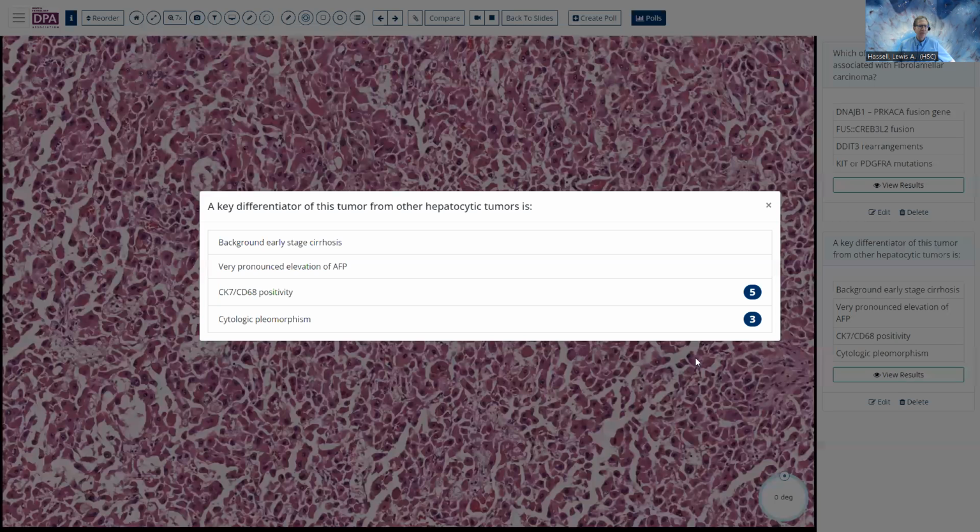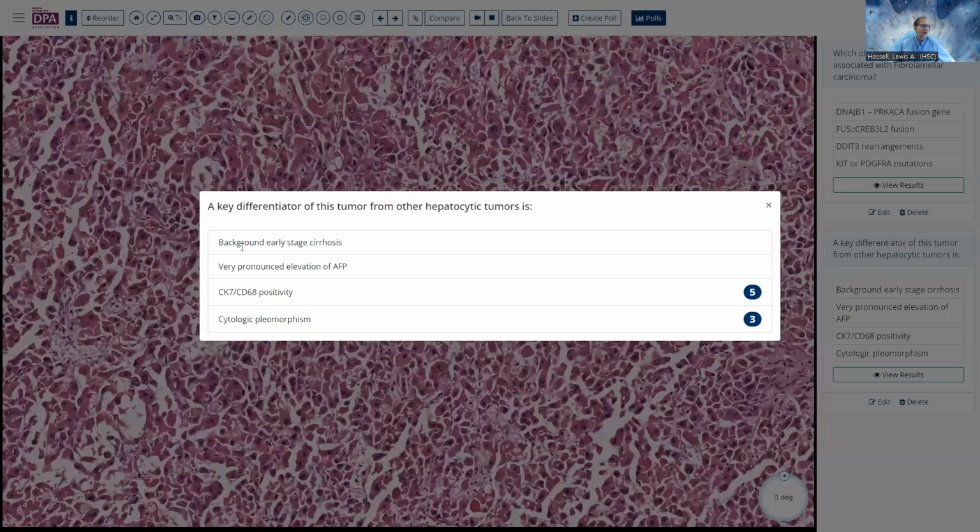Thinking about other things that you might use to differentiate this in the early stages, if you don't have access to that fusion gene testing: if you do find cirrhosis, you should not be thinking about fibrolamellar.